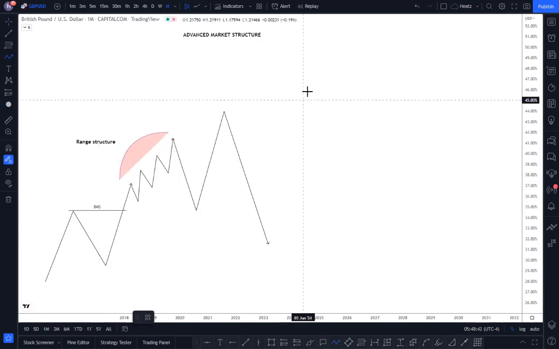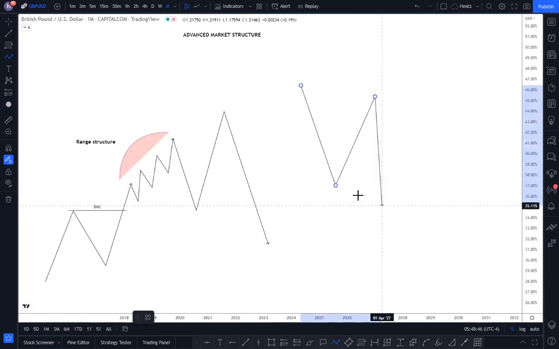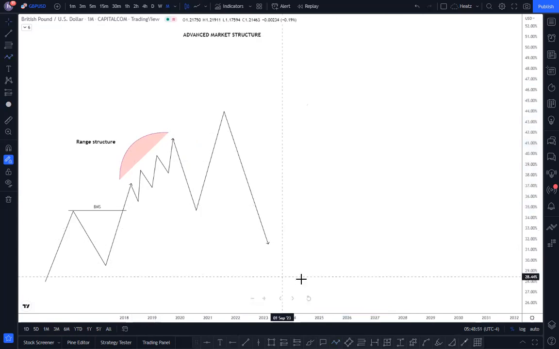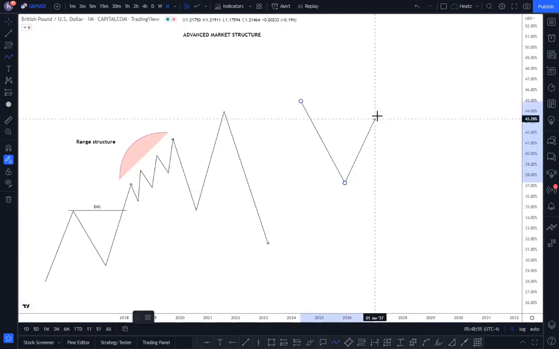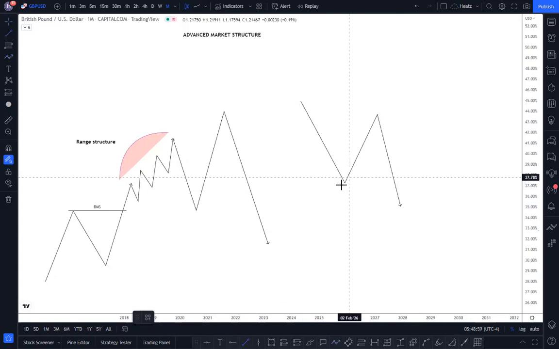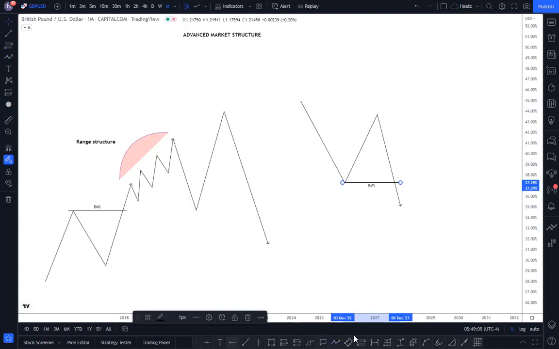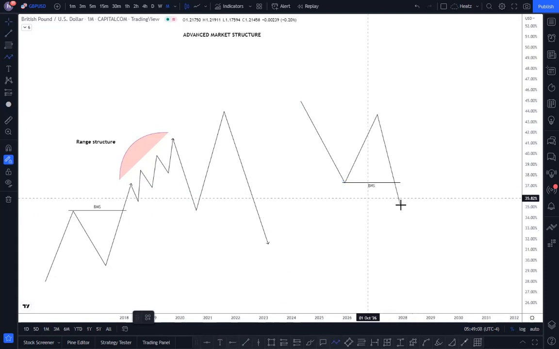Now let's look at it from the bearish side. Price gave us this low, and then it took out this low here, giving us a BMS. After price took out this low, it started giving us this little structure here.